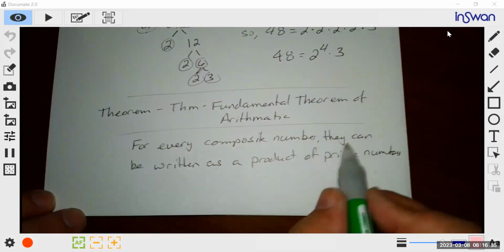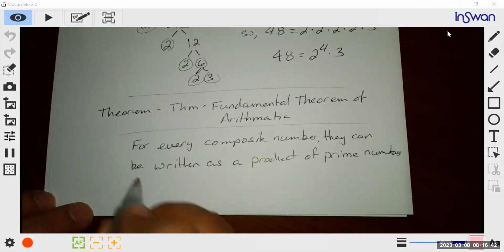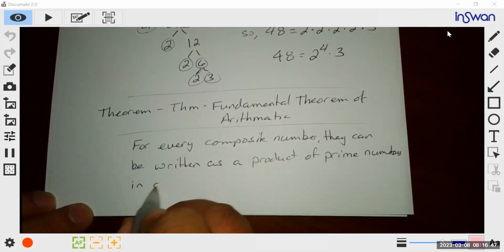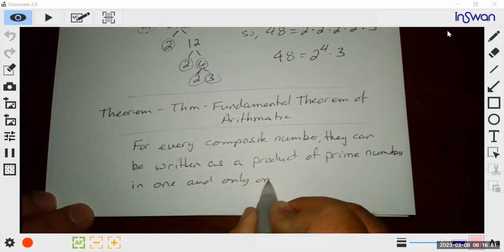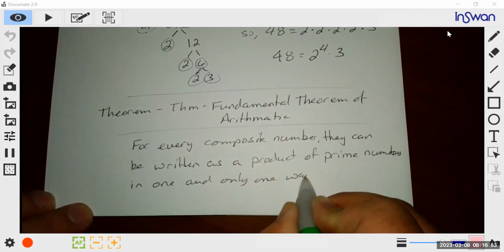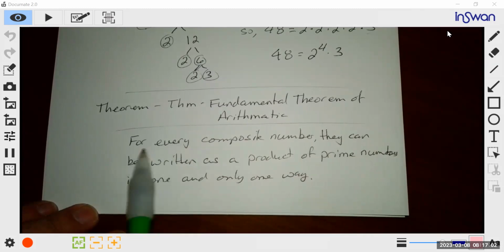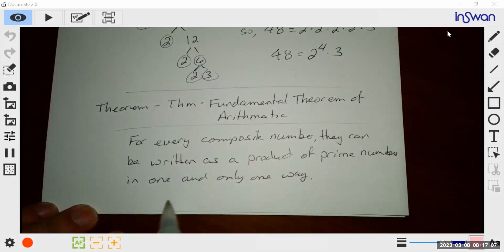Or you should say every composite number can be written as a product of prime numbers, but they can only be written in one and only one way. This is the fundamental theorem of arithmetic. For every composite number, they can be written as a product of prime numbers in one and only one way.